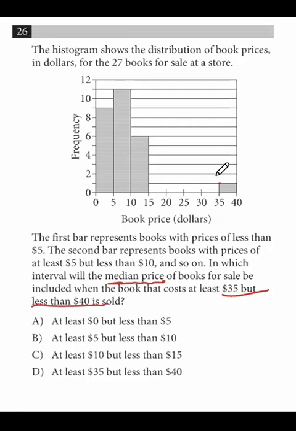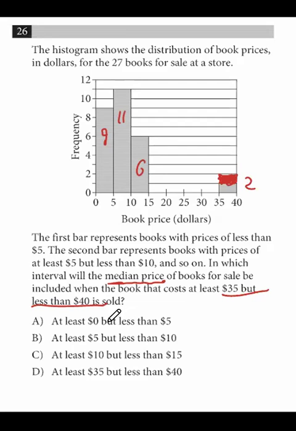So in this case, we just add one here, and now we're told to calculate the median price. This frequency is 9, this frequency is 11, this frequency is 6, and this frequency is 2.